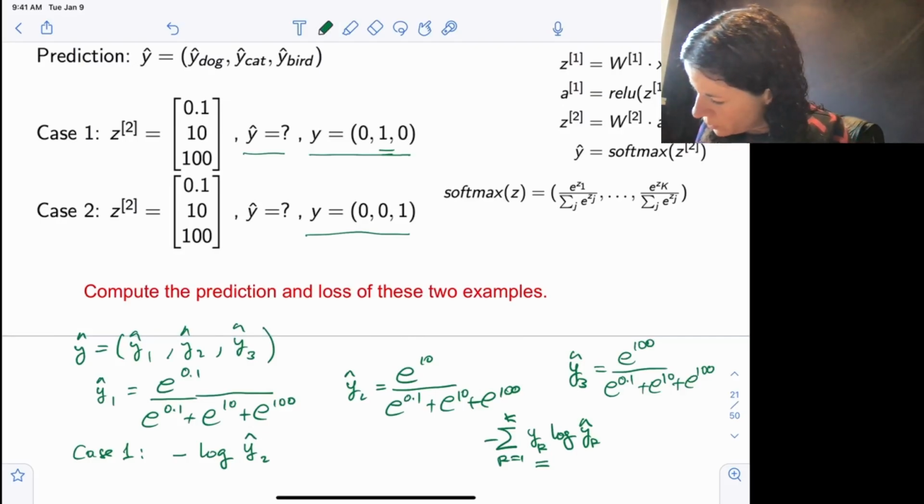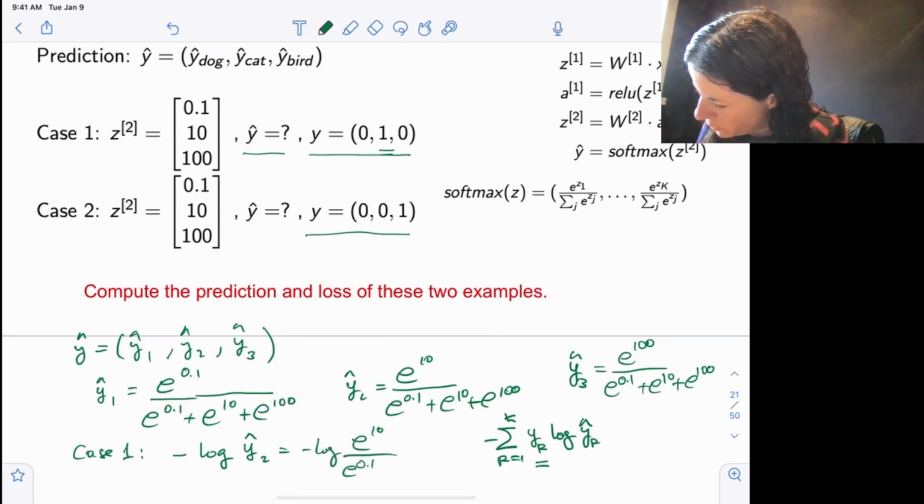And that would be minus log of e to the 10 divided by e to the 0.1 plus e to the 10 plus e to the 100.